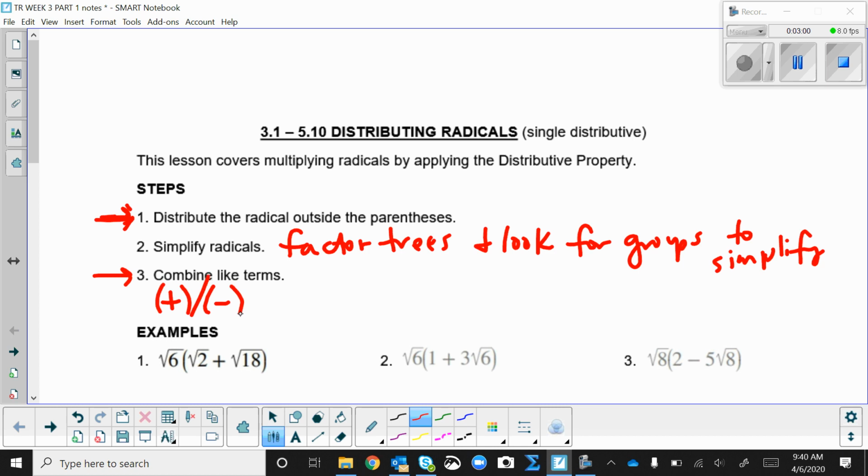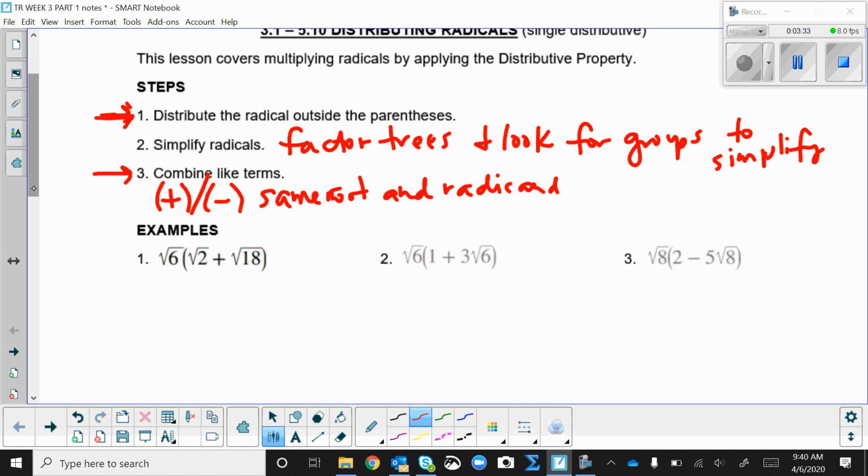From previous lessons, we remember like terms have to have the same root and same radicand. I'll be talking about that while we're working. So to multiply, they can be different under the radical sign, but for adding and subtracting, they have to be the same under the radical sign. So here we go.